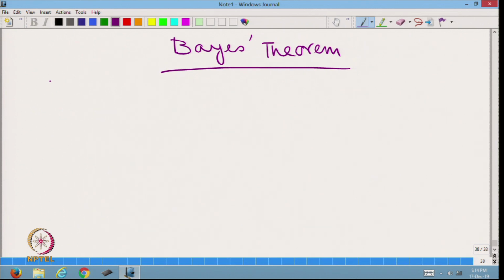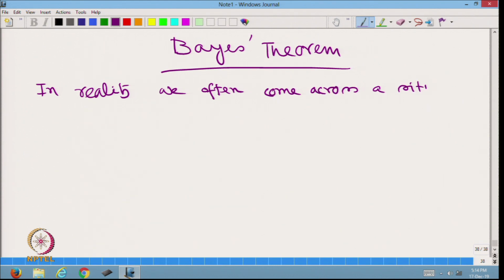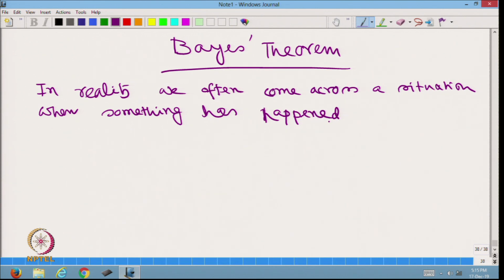In reality, we often come across a situation when something has happened and we want to ascertain the cause behind it.